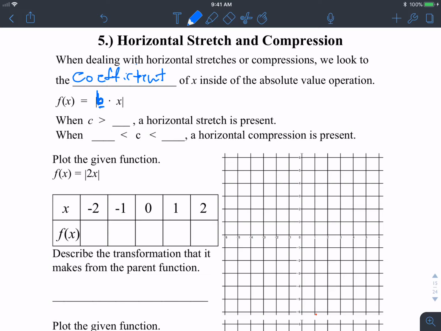And when dealing with that coefficient B, when it is greater than 0, unlike the vertical stretch or compression, when it's greater than 0, it's a compression, not a stretch.